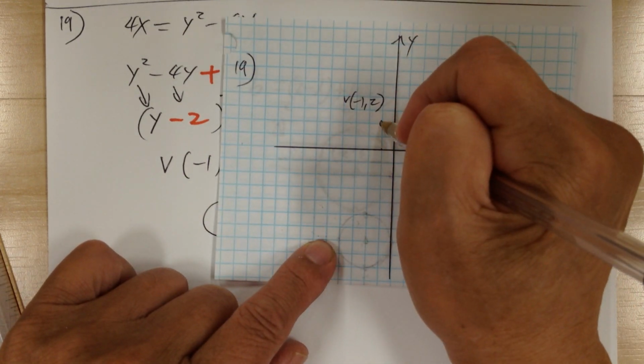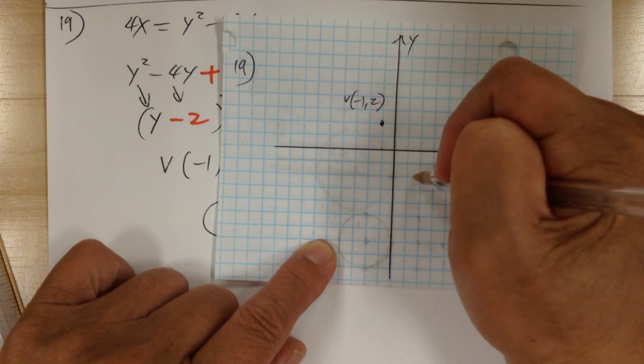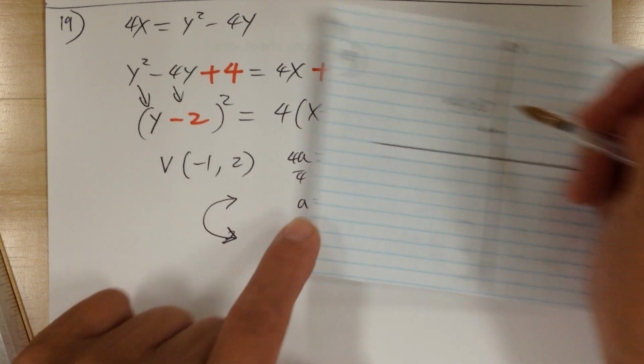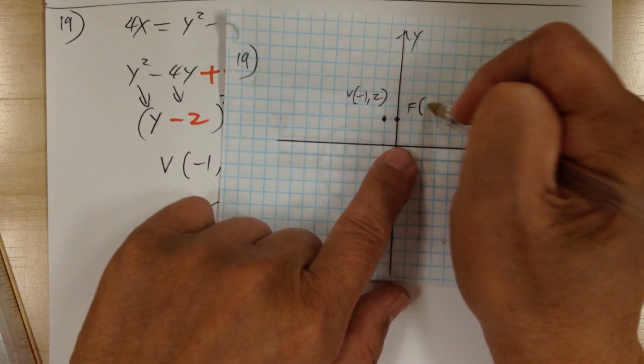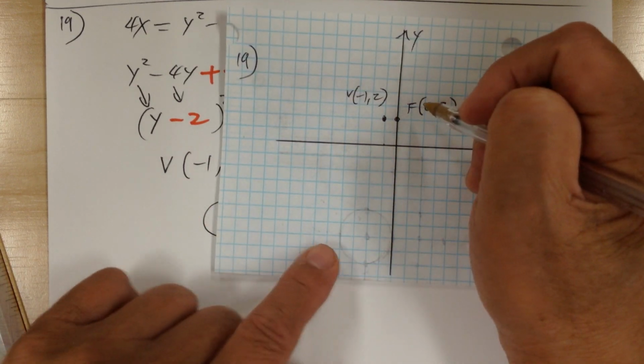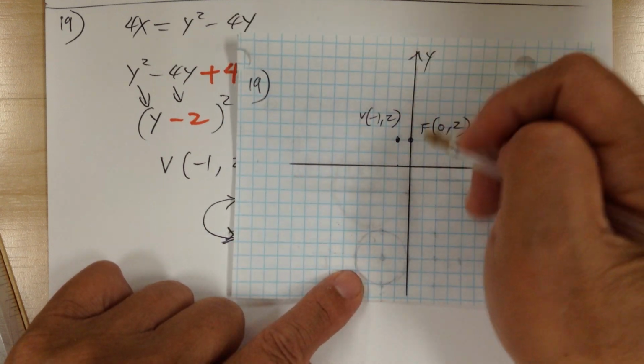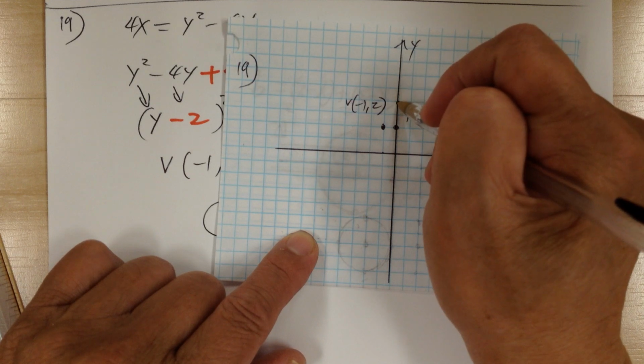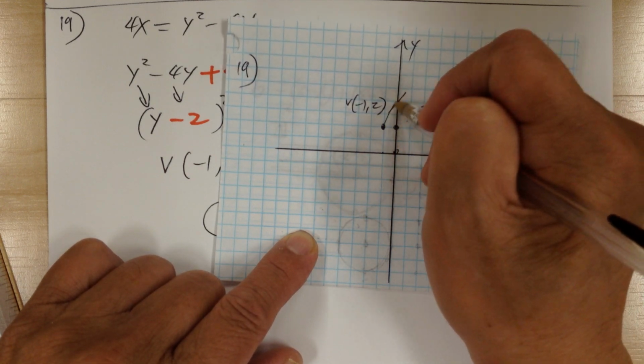So that means the graph is going to open this way. So I have to go this way to get my f, right? And a is 1, so I have to go over 1. So f would be equal to 0, 2. Okay, and the opening is 4, so I have to go up 2, go down 2 to get my opening.